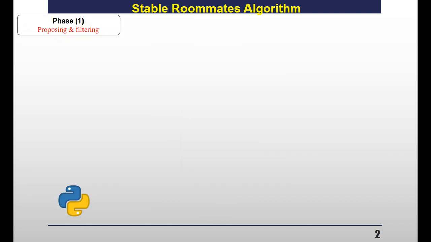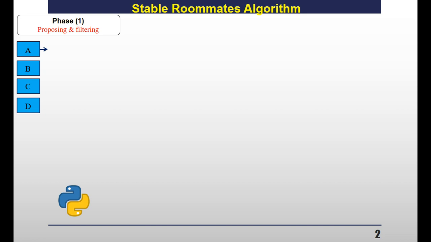The stable roommates algorithm has three phases. The first phase is called proposing and filtering. Suppose we have A, B, C, and D as our users in the system. We ask every user to make his own preference list, from the most preferred one to the least preferred one.